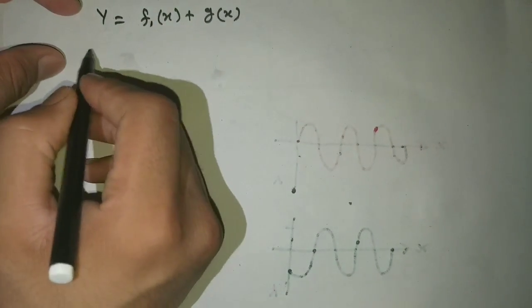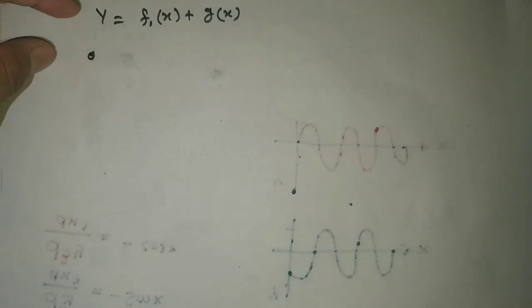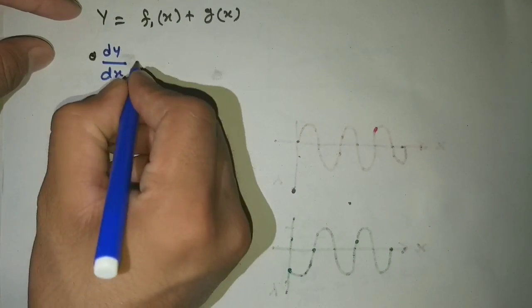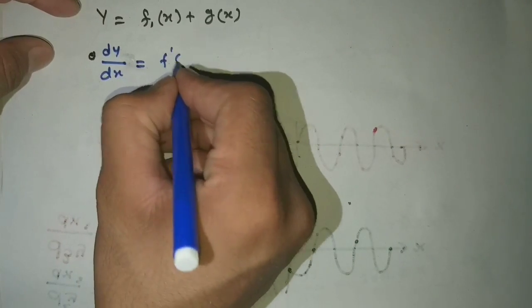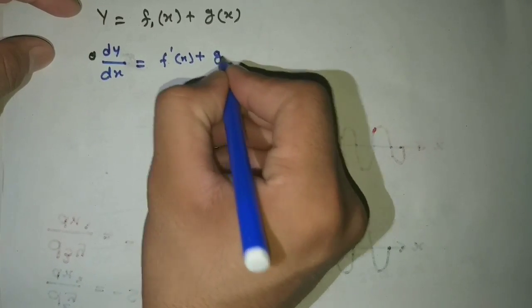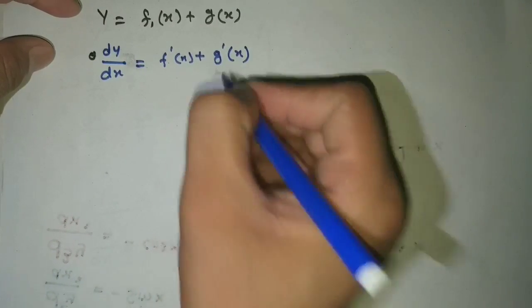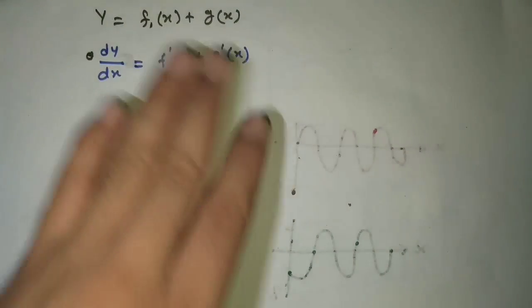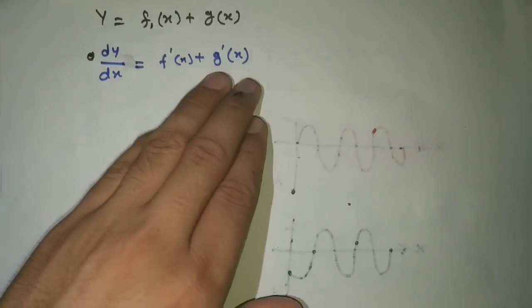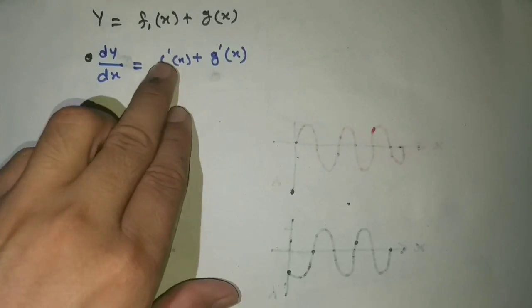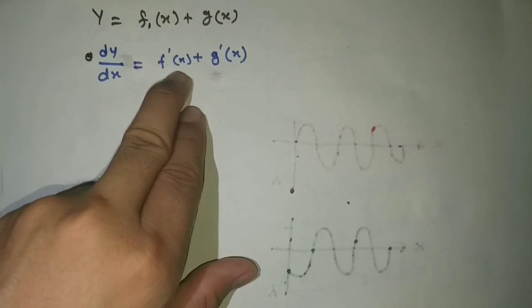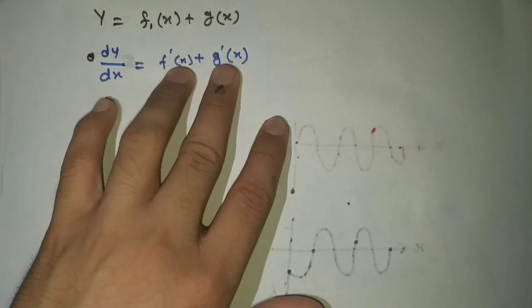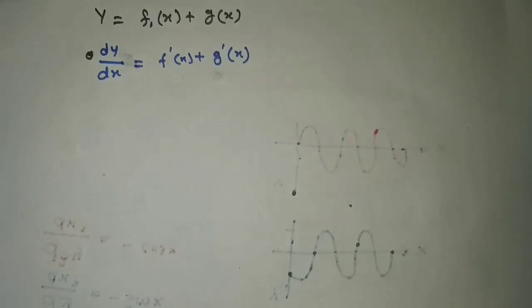So now if I differentiate it with respect to x, then dy dx will be f dash x plus g dash x. So the differentiation of addition of two functions will look like this. I will differentiate the first function and then differentiate the second function, and again we will add them.